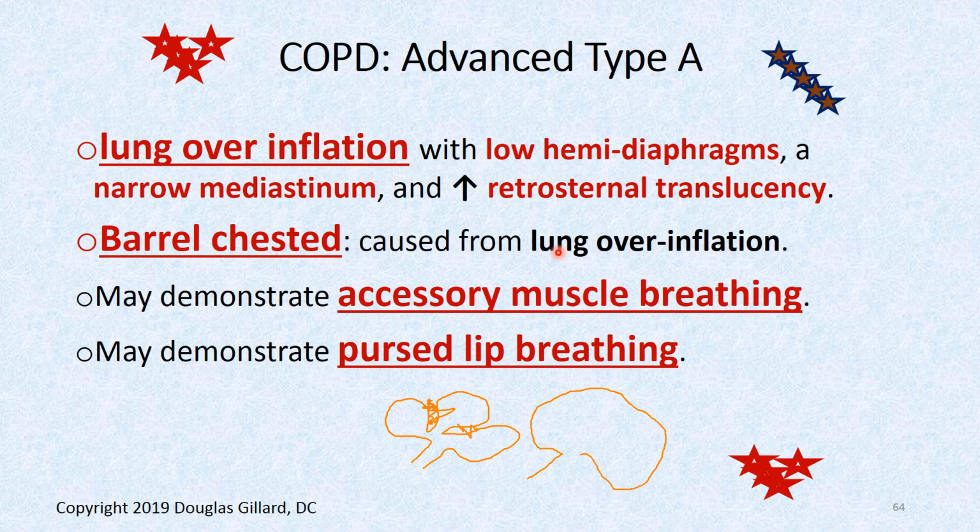And it stretches because it's overpressurized. It doesn't work very well, but that's all air. That actually increases the volume of the lung to the point they start becoming barrel-chested. All right? So barrel chest, think immediately, think emphysema, or COPD type A, emphysema.